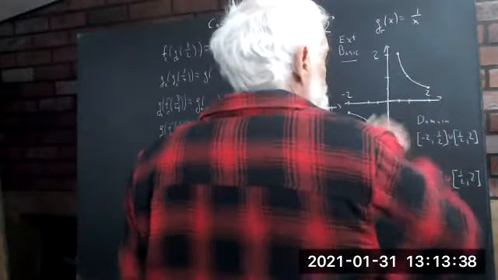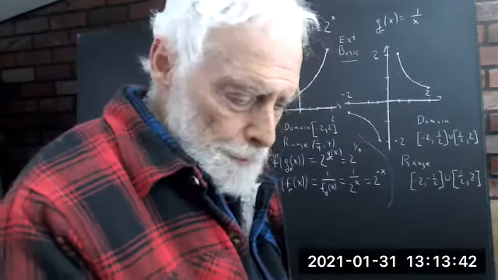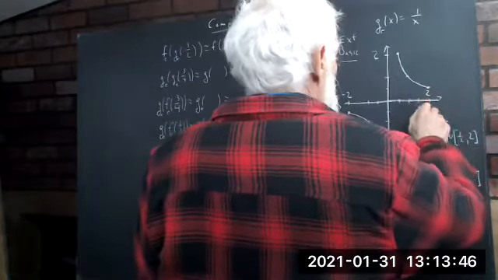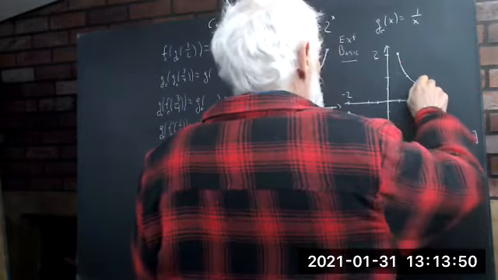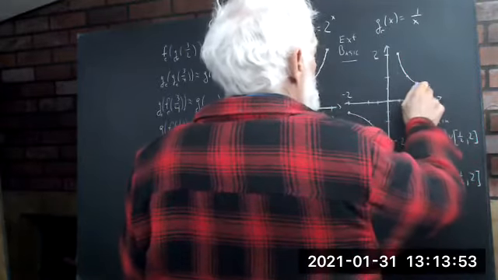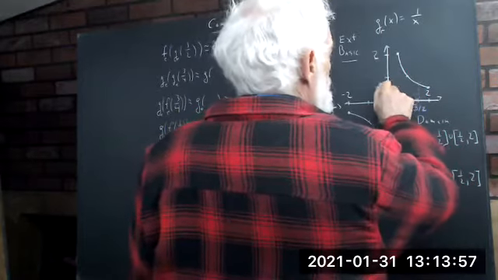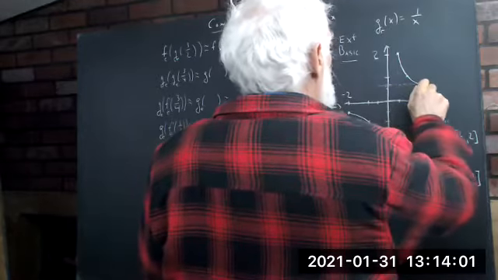So here is 3/2, and let me use a different color. Here's 3/2. Come up here, and then we project straight across to the y-axis.